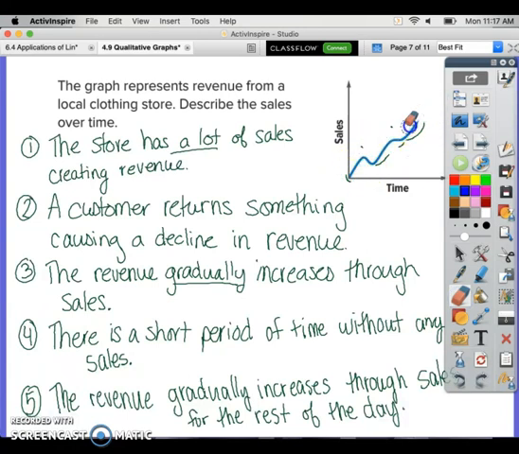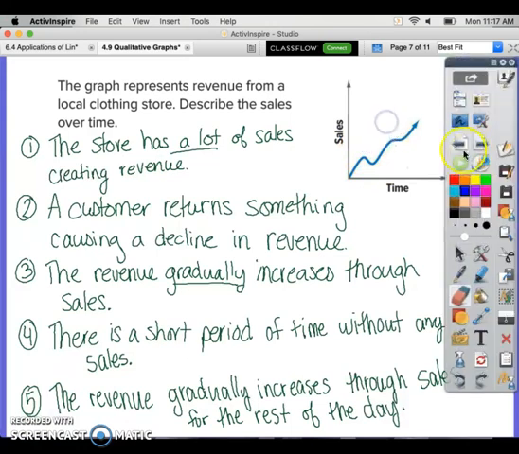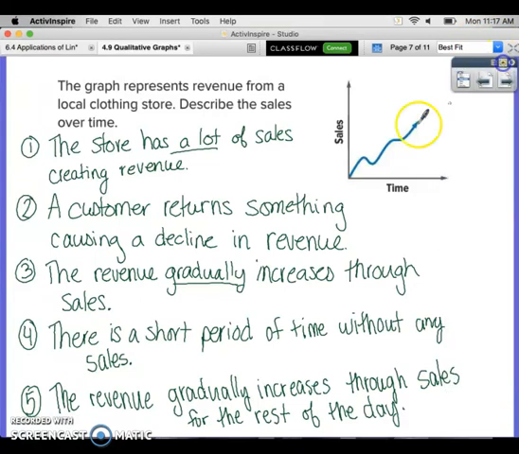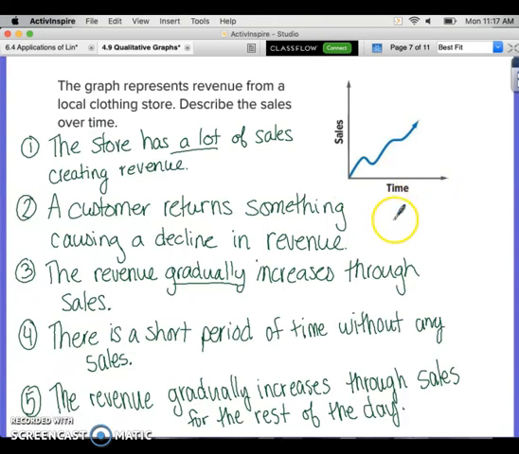Okay, so here's my graph. It's sales over time. And whenever I'm talking about this one, sales, I always say over time. A stock graph, yeah.